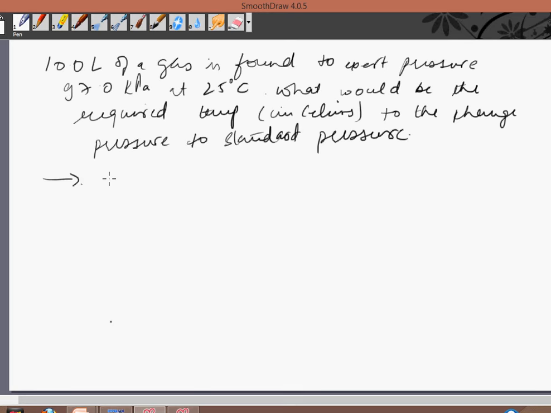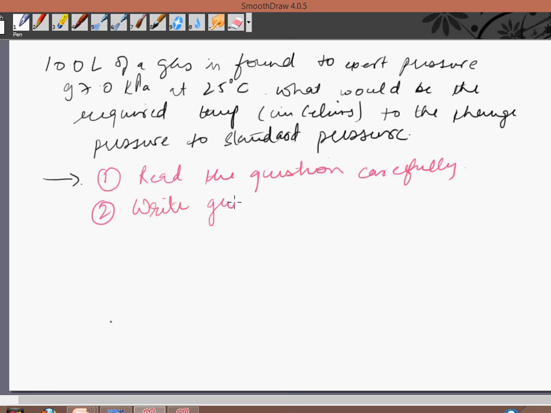Now first of all, you have to go stepwise. First step, read the question carefully. Second, write the given. That is, here volume is given, 10 liters, which is not changing, that is a constant part.